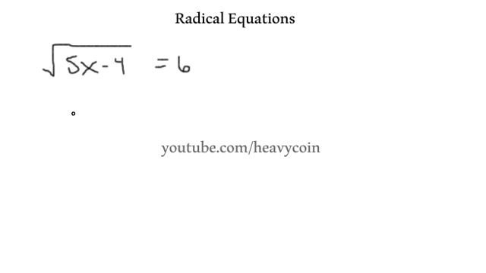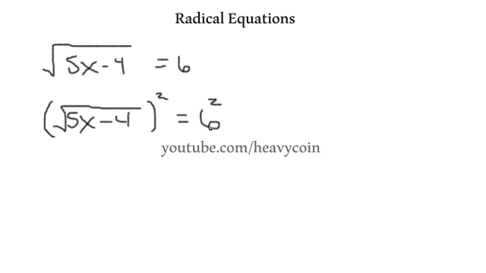Okay, same thing, 5x minus 4. We're going to square this side, and of course we have to square this side too, so don't forget to square the right hand side. The square root causes the square root to disappear, and so we're left with 5x minus 4 is equal to 36.